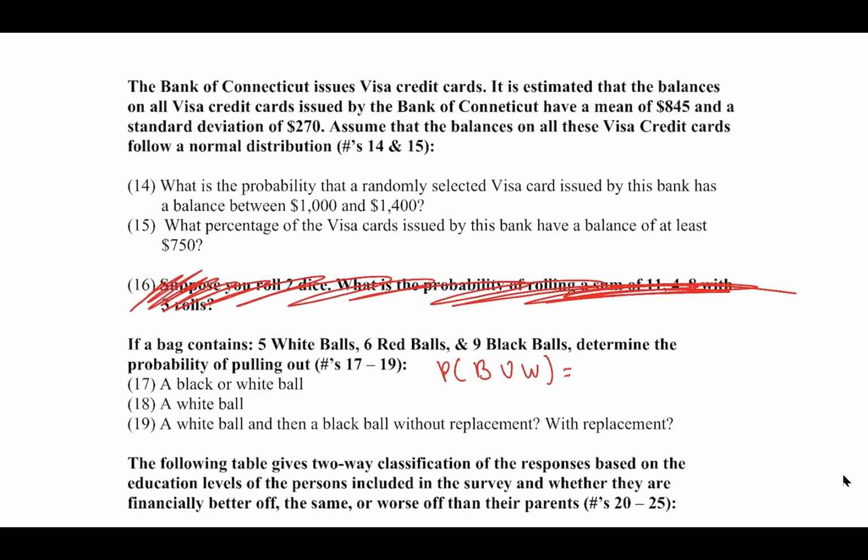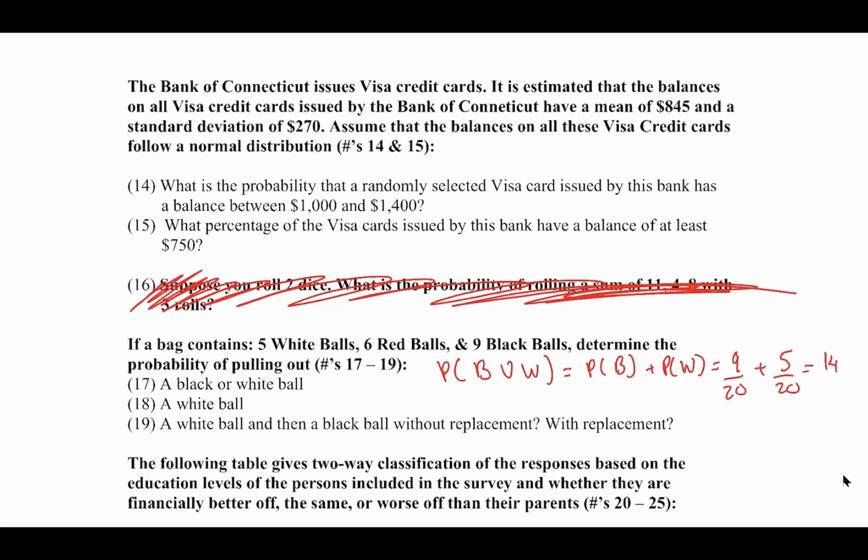So all you have to do is get the probability of black and add it to the probability of white. The probability of black is 9 out of 20, plus the probability of white is 5 out of 20.